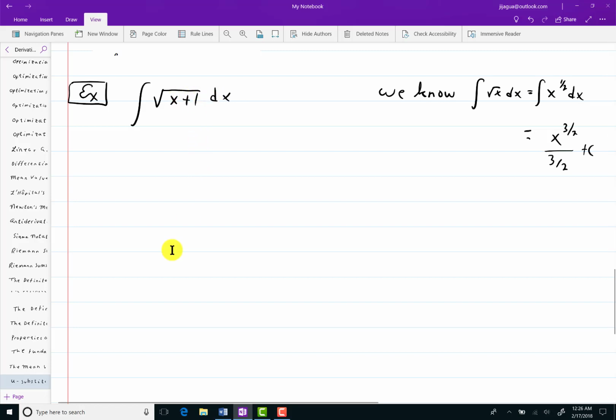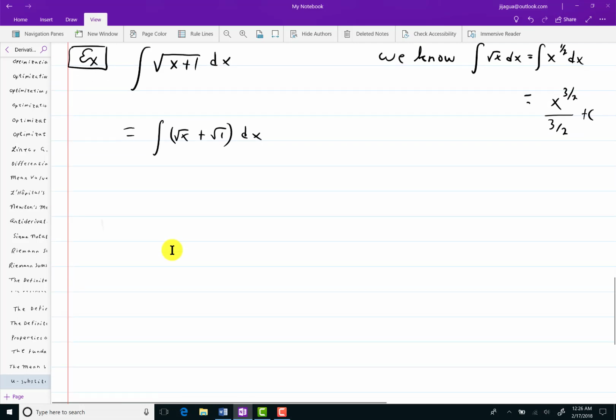Now let me show you some things that students have done before I erase them in a minute. Some of the students, I guess in sheer desperation, have rewritten this as radical x plus radical 1 dx. The cardinal sin of radicals is to break them across sums.